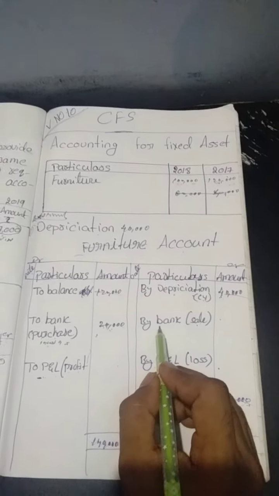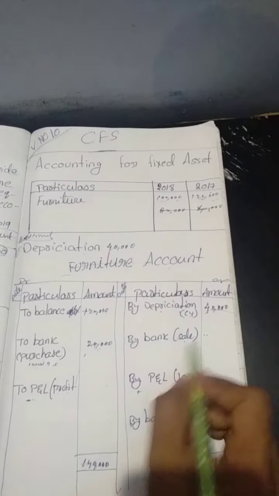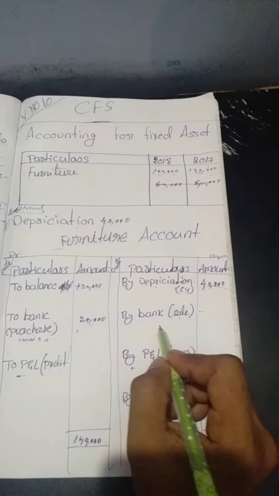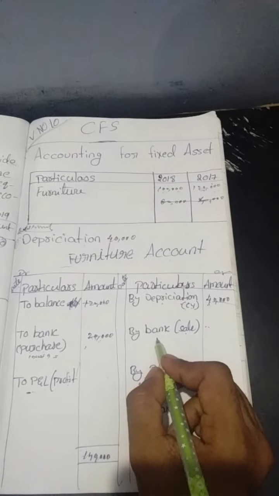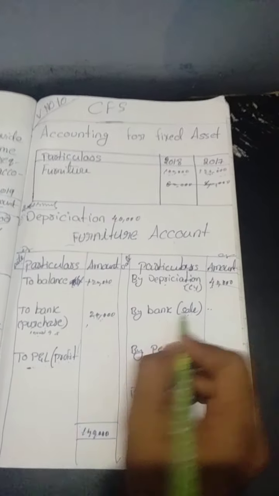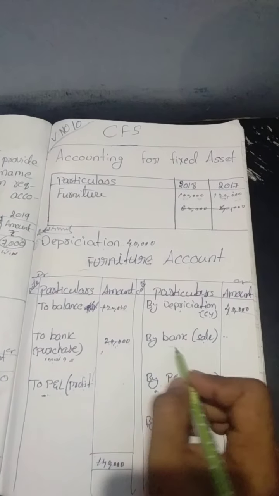Next, if there is sale of any asset, that means if there is any amount, then we have to consider this in the investing activity. Opposite of this, that means we have to add this. Both will not come in one case. There may not be any chance.